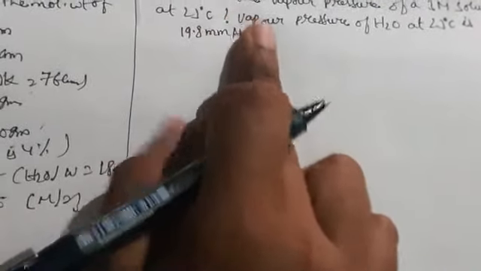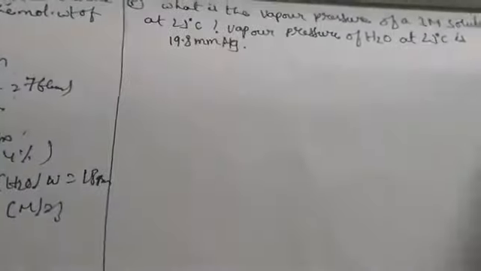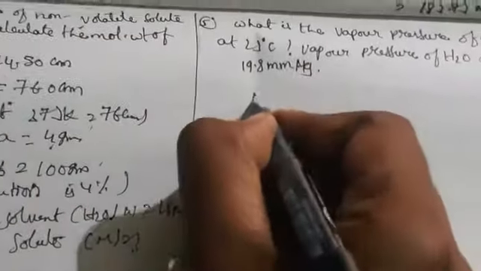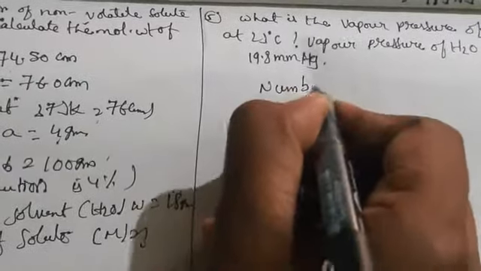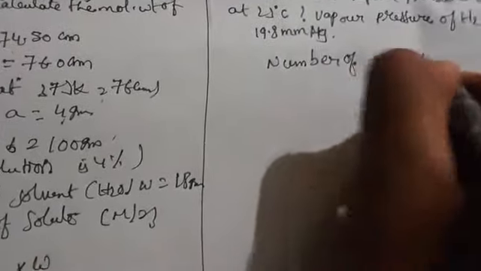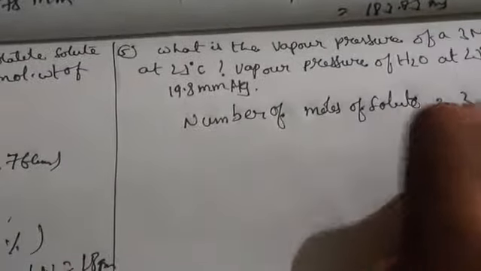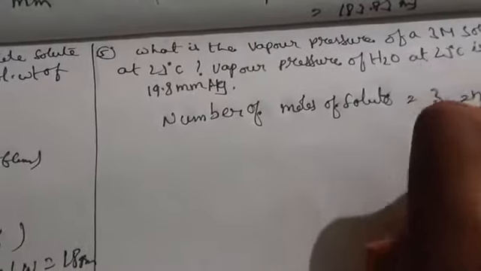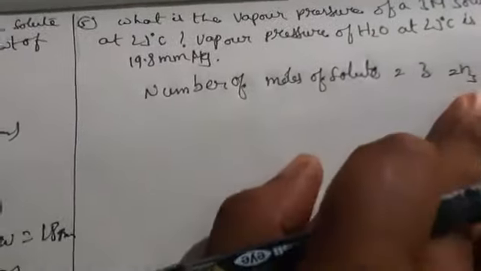So here, let us see. The number of moles of solute is equal to 3, that is NS. Okay, I will say the formula.